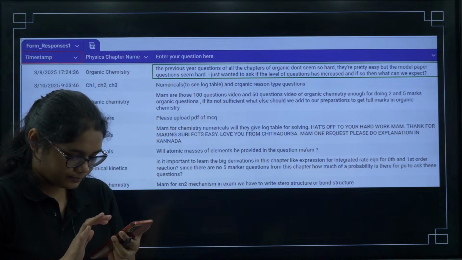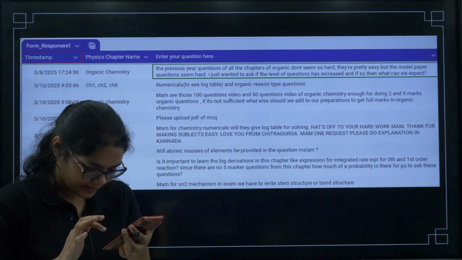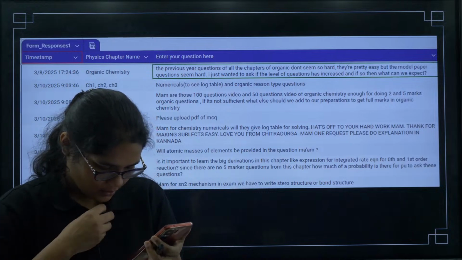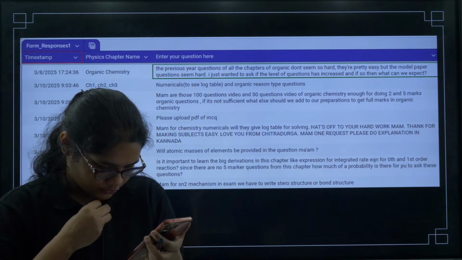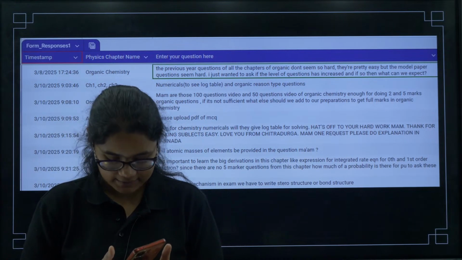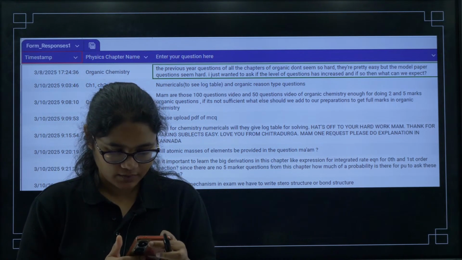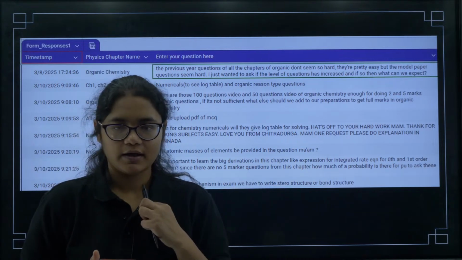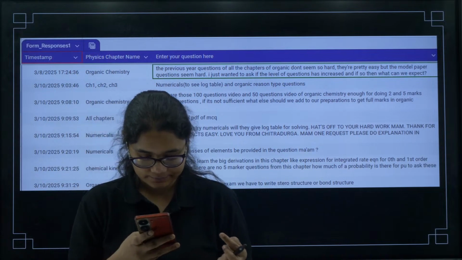Students, please confirm whether the voice is clear or not. I am getting some messages regarding voice. Is the voice clear, students? Hello, is it audible?